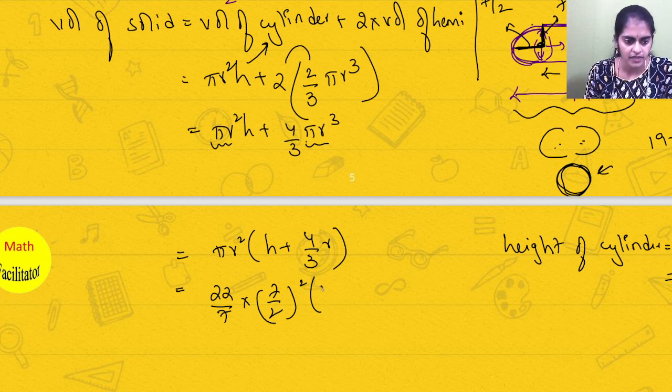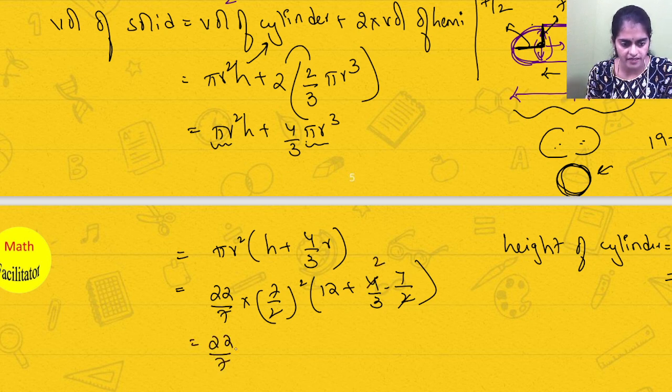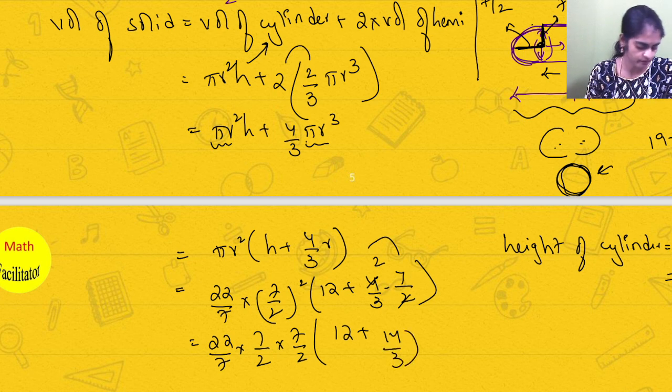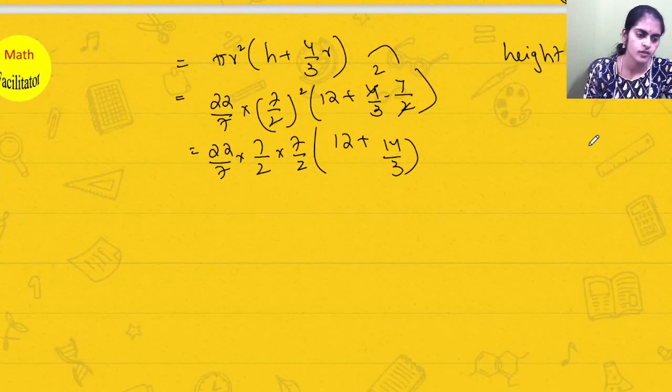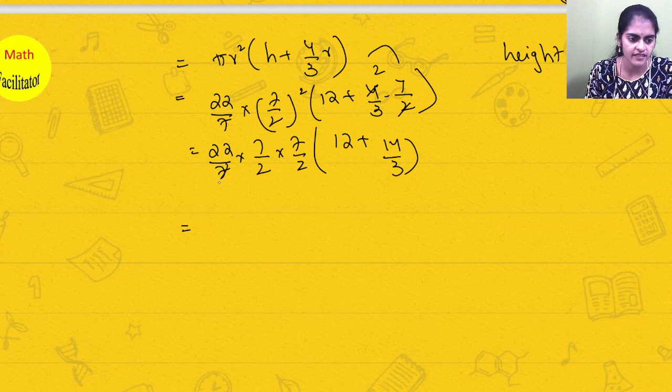So let me write it here. 12 plus 4 by 3 into, again radius is 7 by 2. So 2 ones are 2, twos I can cancel here, and I can write 22 by 7 into 7 by 2 into 7 by 2. I'm writing it separately. So 12 plus 14 by 3. Now 7 and 7 get cancelled. 2 ones are 2, 2 elevens are 22, so 11 into 7 is 77 divided by 2 into.